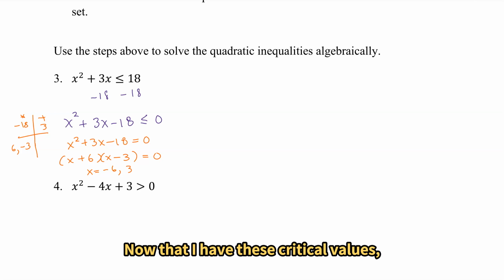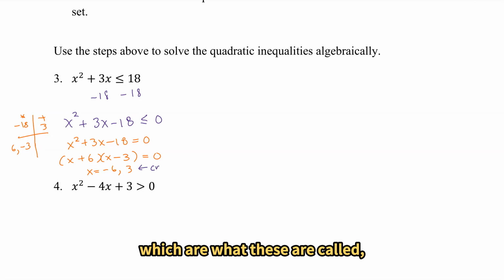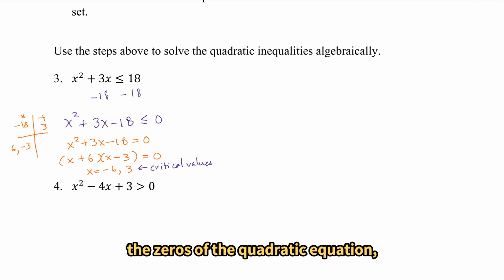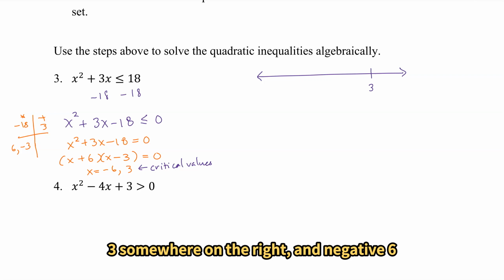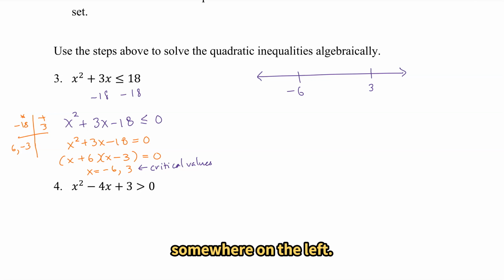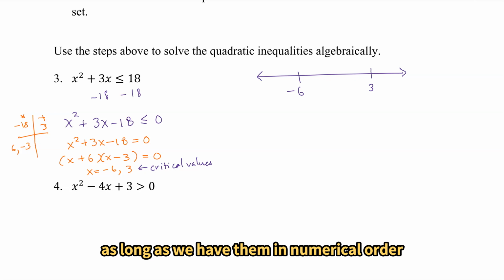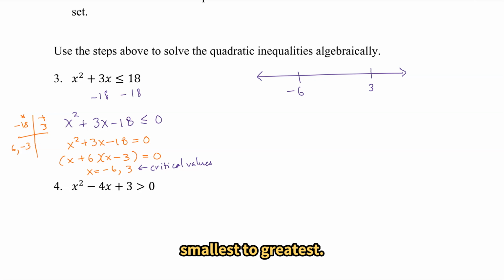Now that I have these critical values, which are what these are called, the zeros of the quadratic equation, or the x-intercepts of the quadratic equation, I'll create a number line. 3 somewhere on the right, and negative 6 somewhere on the left. It doesn't really matter as long as we have them in numerical order, smallest to greatest.